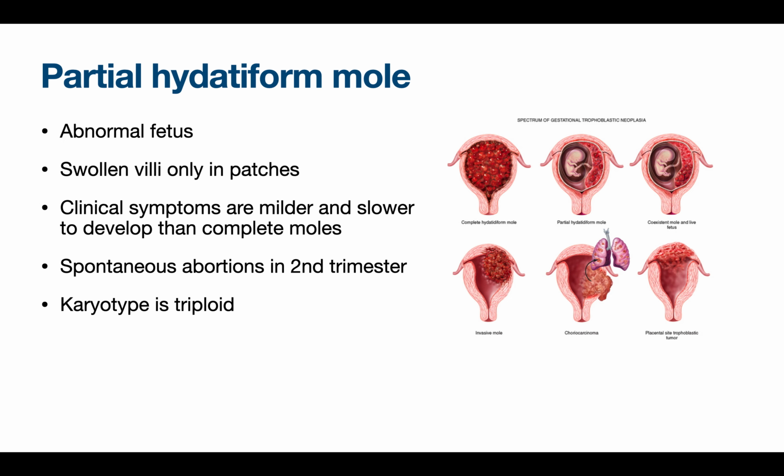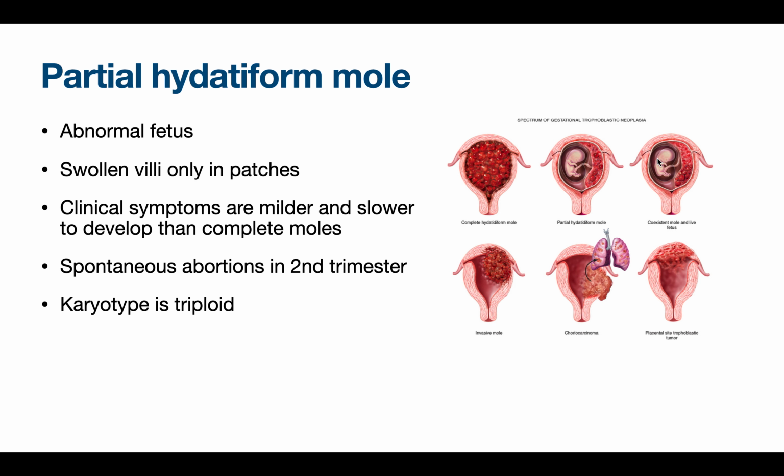The partial hydatidiform mole is an abnormal fetus, and the swollen villi are only in patches. So this is the complete hydatidiform mole, and it covers the entire uterus, it's filled with it. Here, the partial, it's only in patches.